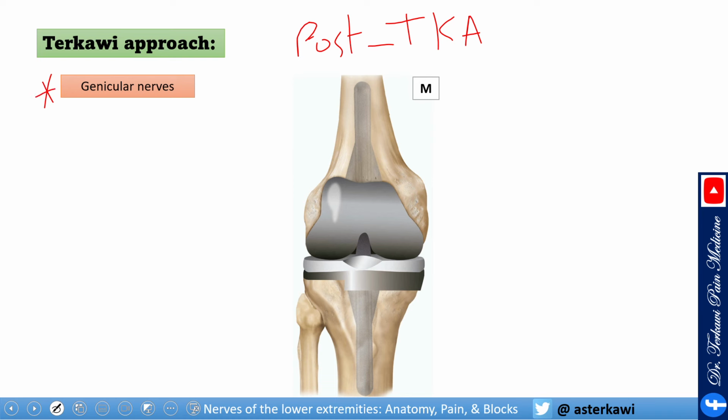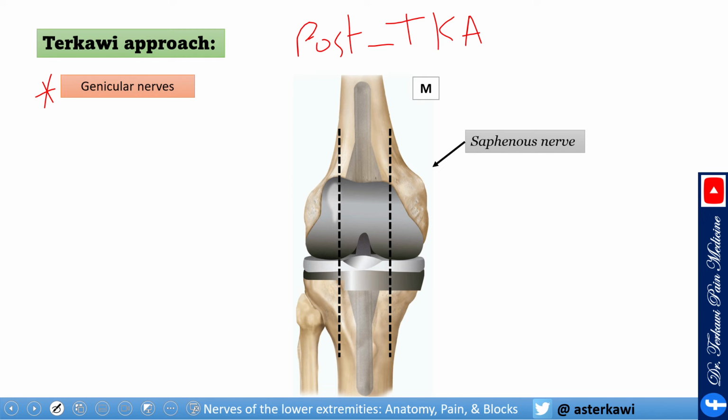But however, as I showed you in the previous slides, consider the innervation of the genicular nerve and what we expect from that. But my approach, let's say you did the genicular nerve, it's not enough. I divide the knee into thirds: medial third, middle third, outer third.